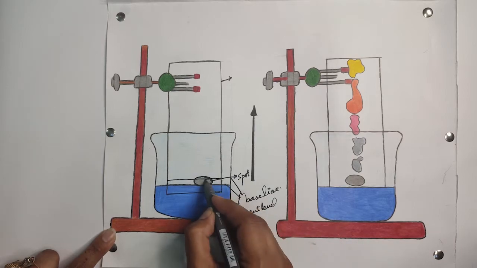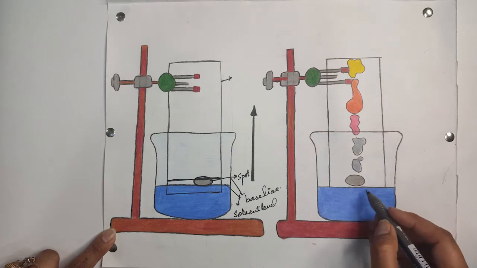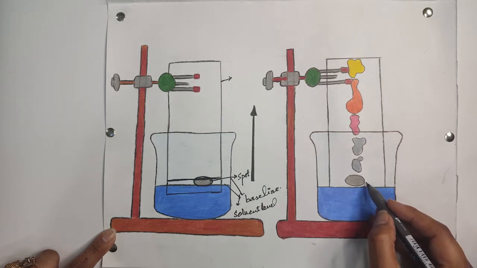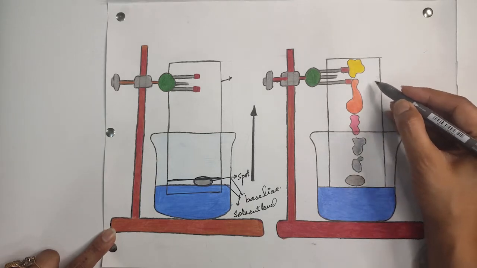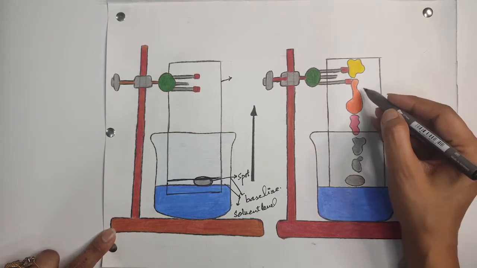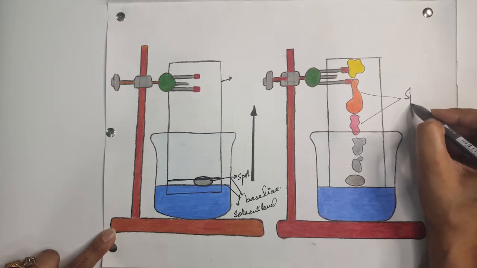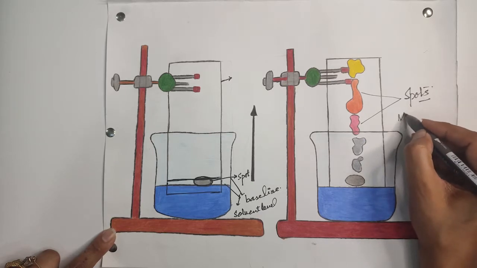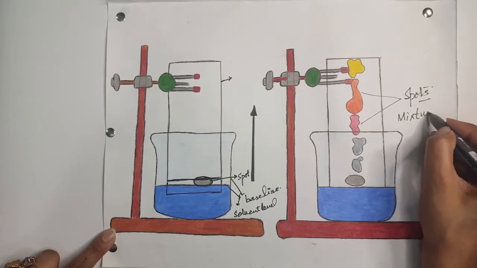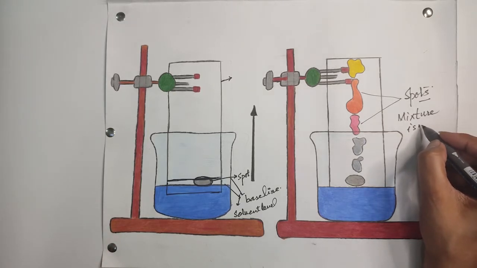The solvent level will be below this baseline, so this point will expand and move up. All of the spots will be formed above the solvent level. If it forms many spots on the chromatogram, then we will say the mixture is impure. Here there are many spots, so the mixture is impure or contains many pigments. It is used to check the purity of a substance as well.